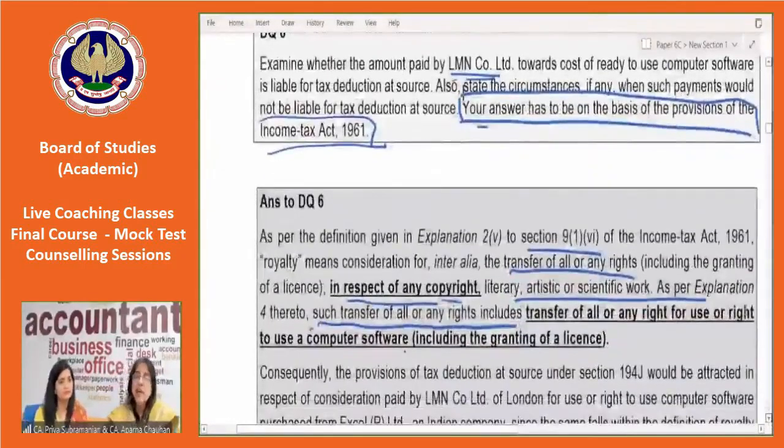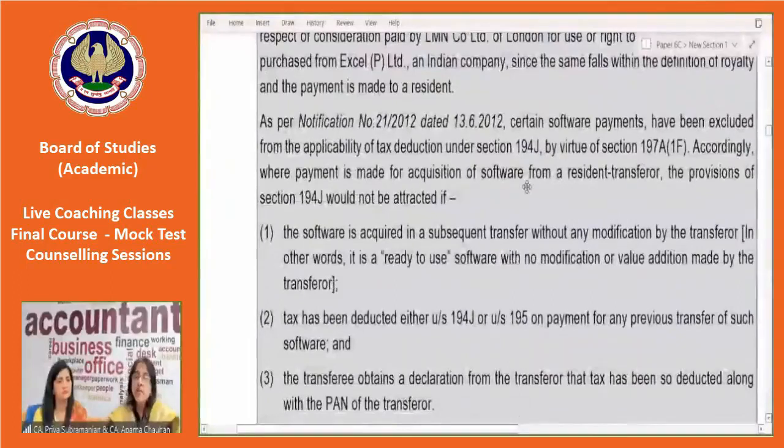Just don't get confused. When a resident is making payment to a non-resident for royalty, then you have to deduct tax under 195. But here, a resident is paying to a resident. So, tax is deductible under 194J for this particular purpose.